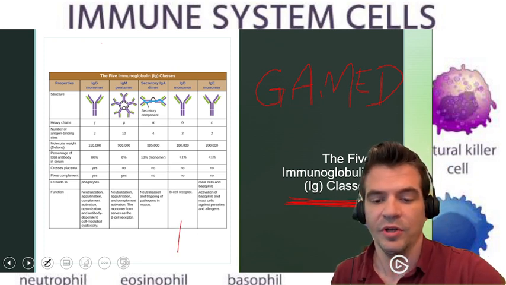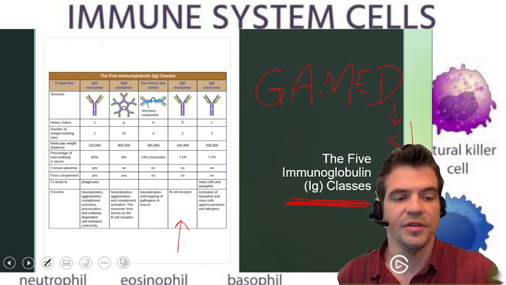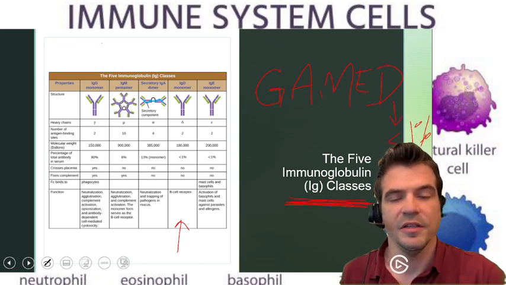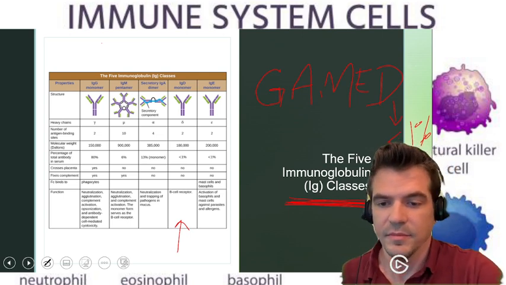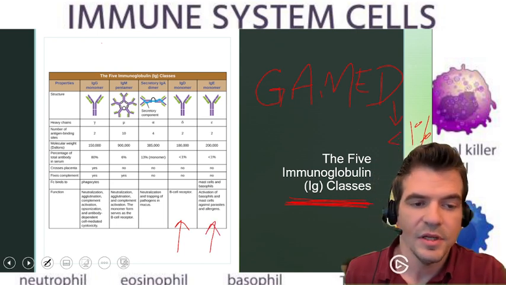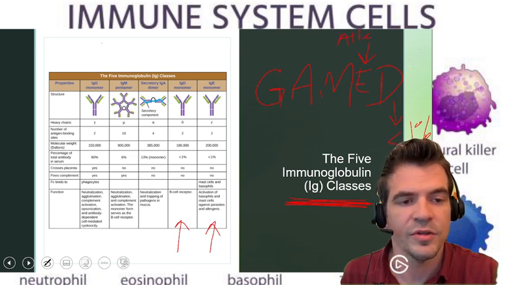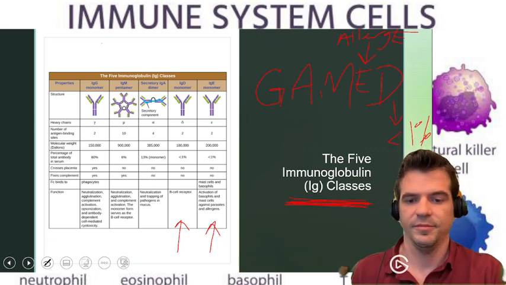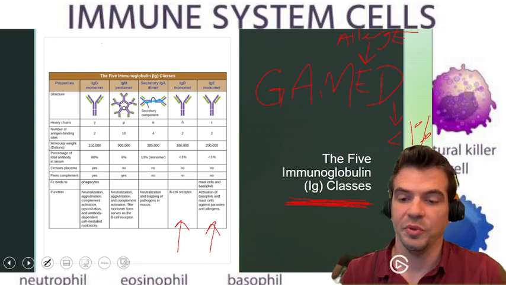We can already look at D. It is less than 1% and is mostly negligible. We can also see that allergy is for IgE. So those are the 2 easier ones.